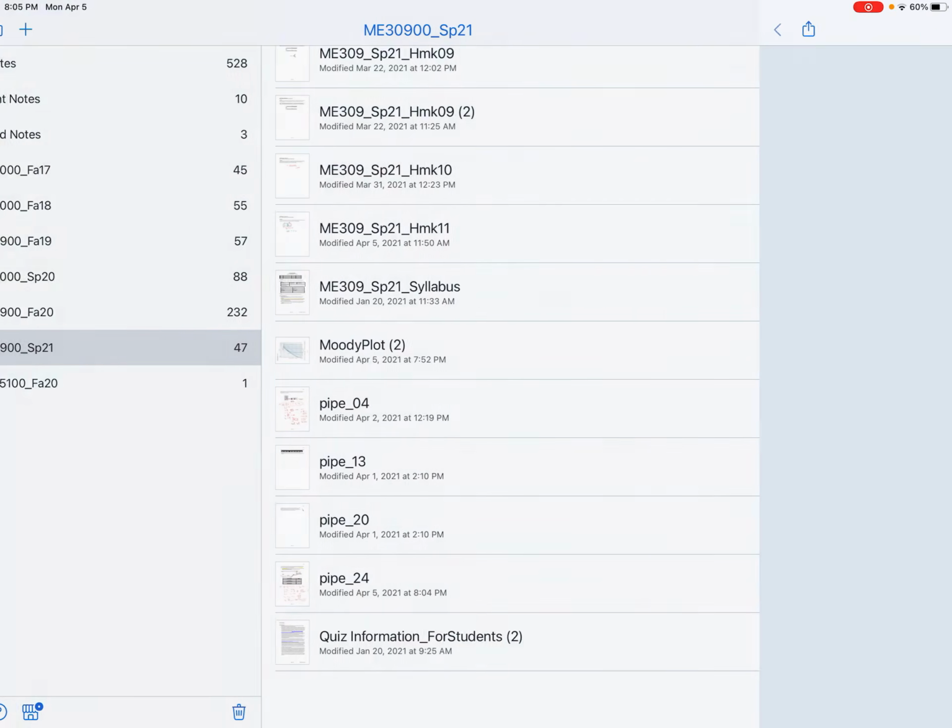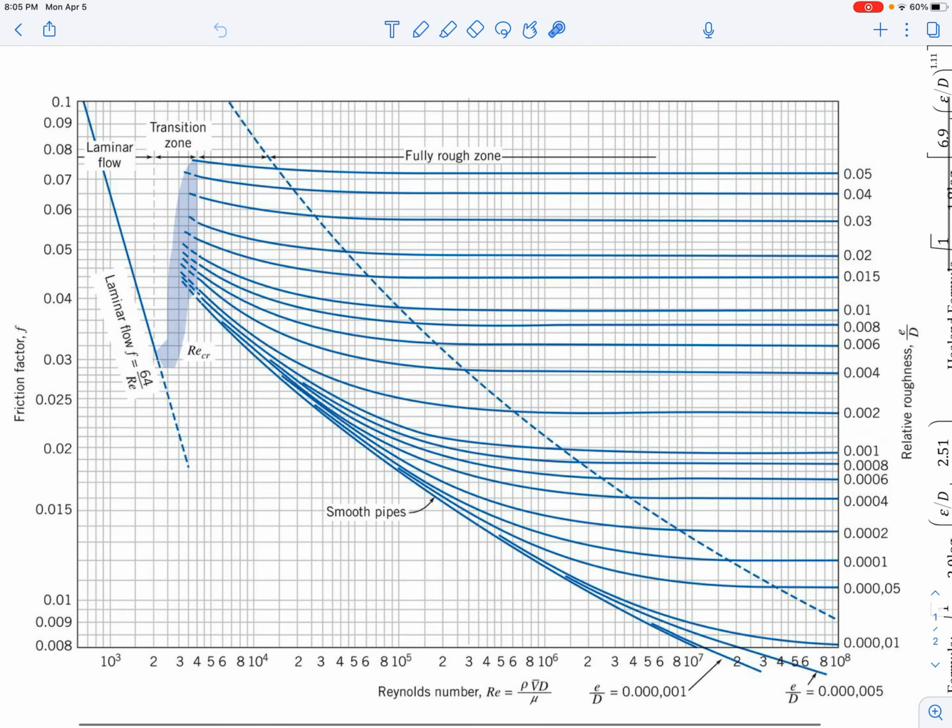So let me skip over to a Moody plot. So here's a Moody plot. And again, we said that we're dealing with smooth plastic pipe. So that means we're going to be following this smooth pipe curve here. This one says smooth pipe. We said that Reynolds number was about 7,900. So that puts us right about here, pretty close to 8,000. So we'll run up vertically there.